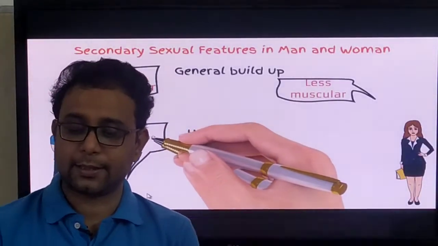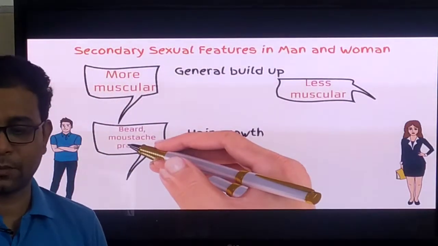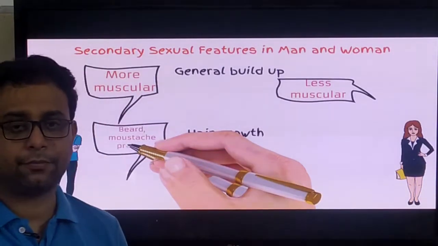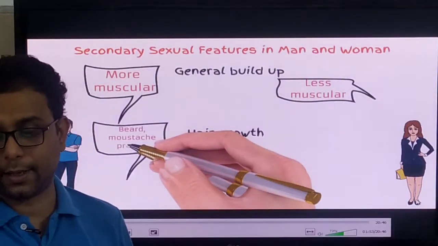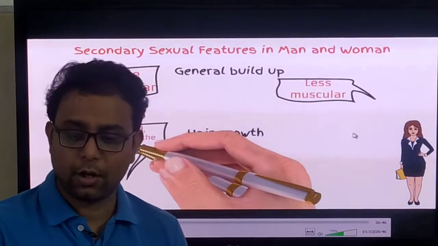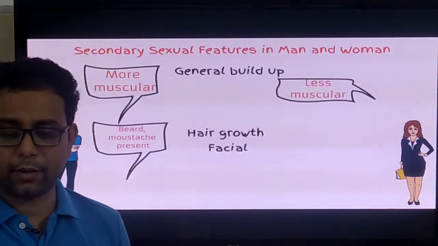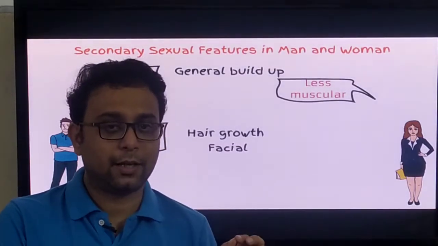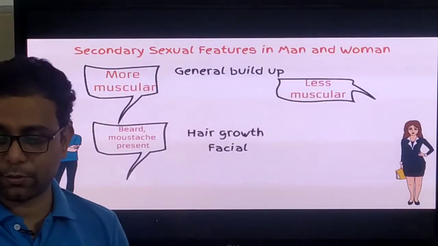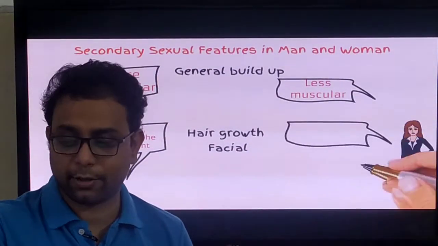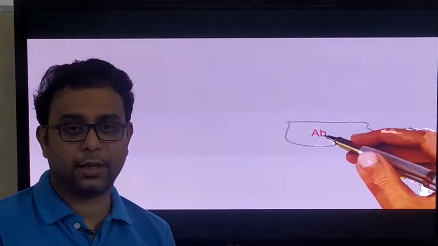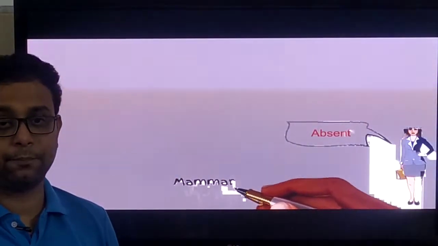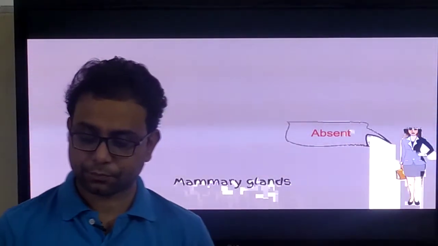You know, in the secondary sexual characters of the male, generally the muscular structure, or muscles, are more built up compared to the female, who has less muscular structure. On the other hand, beard or mustache are present in the male, but not in the female. It is a difference in facial hair growth mainly, which does not happen in the female body, so it is absent in the female.